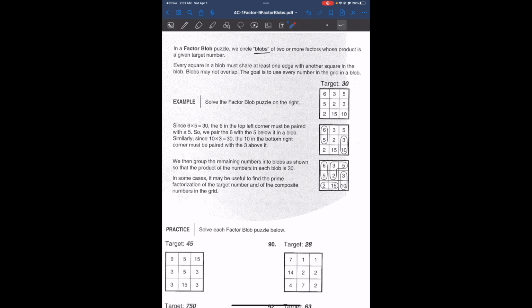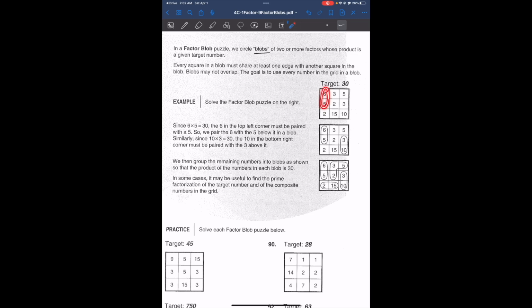I'll go over an example problem so that we can get a better understanding of what this puzzle looks like. Our target number is 30, and since 6 times 5 is 30, the 6 in the top left corner must be paired with the 5 beneath it.